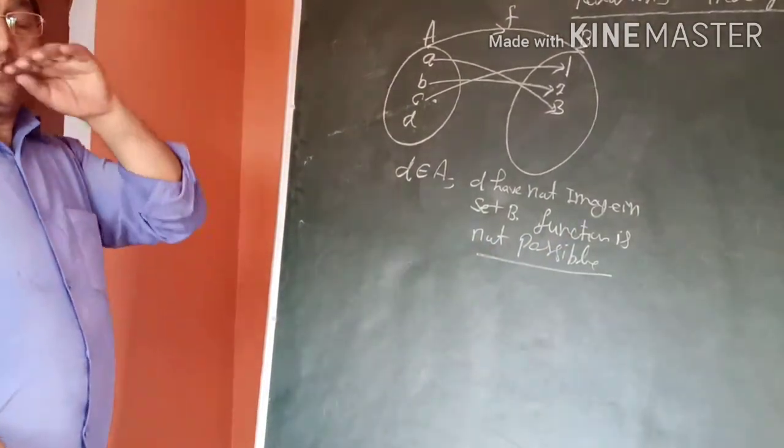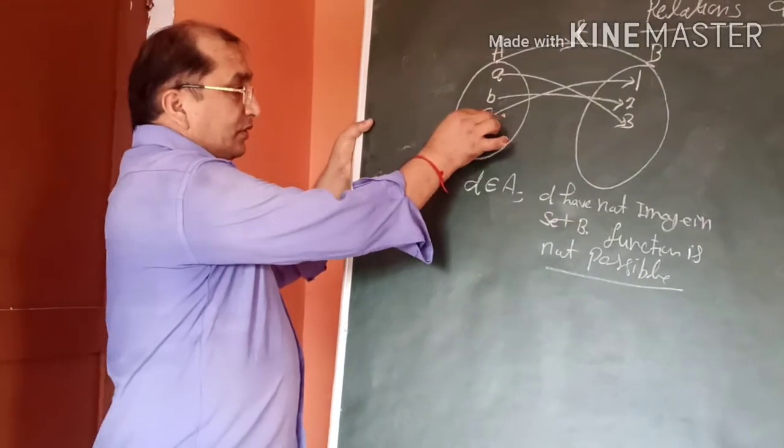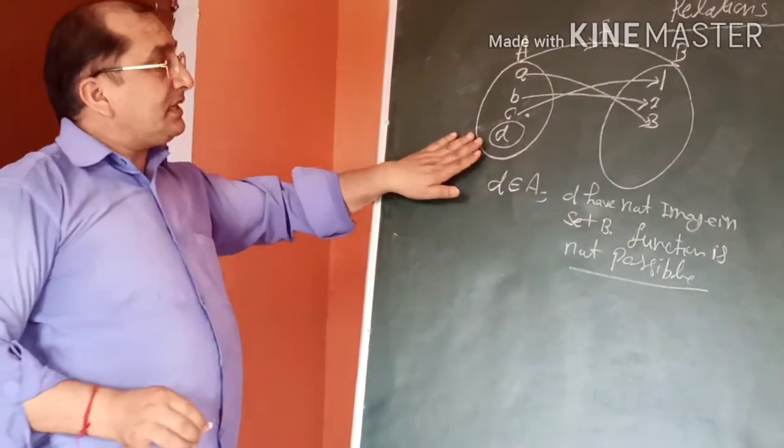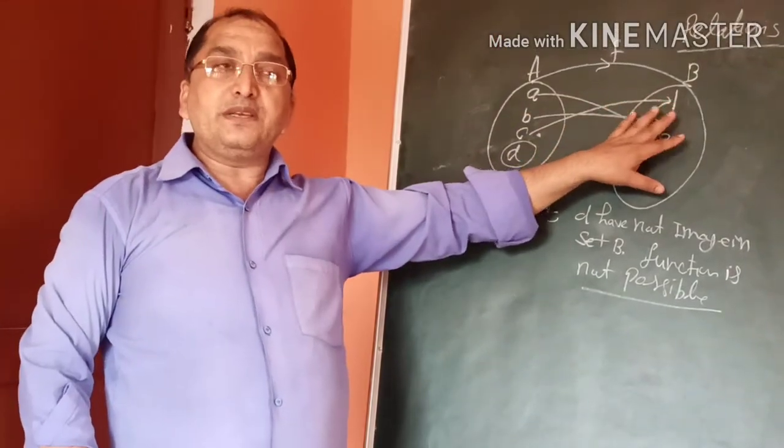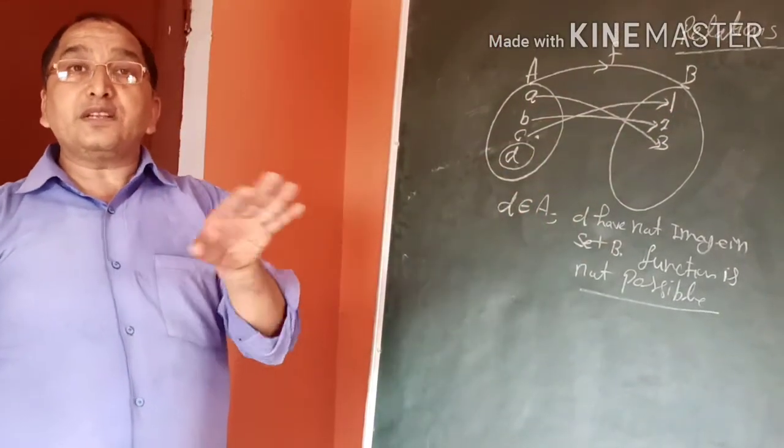Keep in mind, this is a very important topic, because although d is an element of A, d doesn't have any image in B, so such a function is not possible.